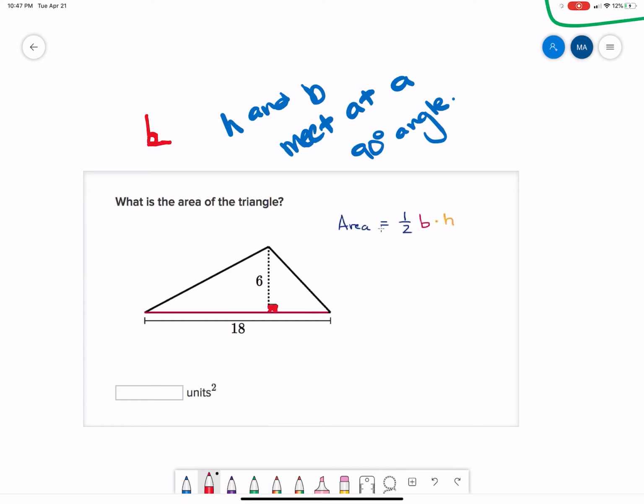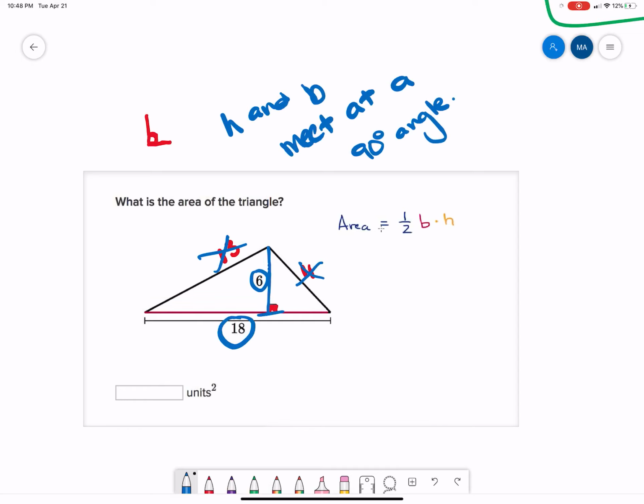So if I give you, like, say this is 13, this is 11, don't get confused by that, because I really don't care that that's 13 or that's 11. To find the area, I care about the base and the height because it meets at a 90-degree angle. So let's plug them in.